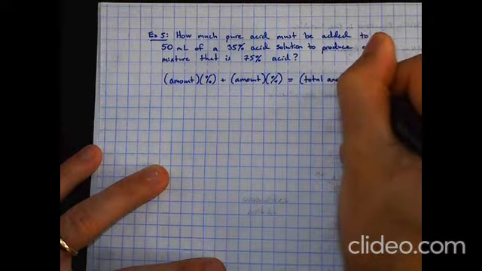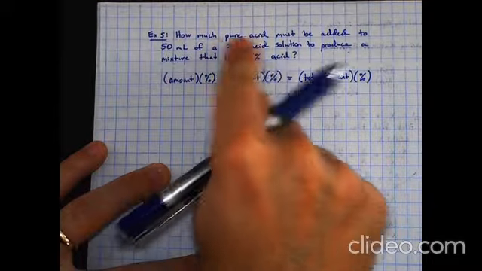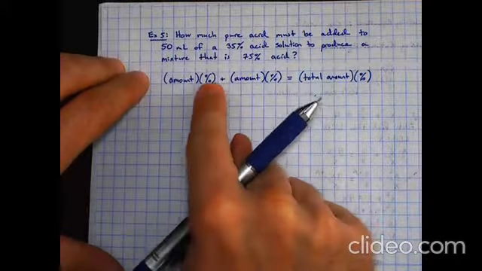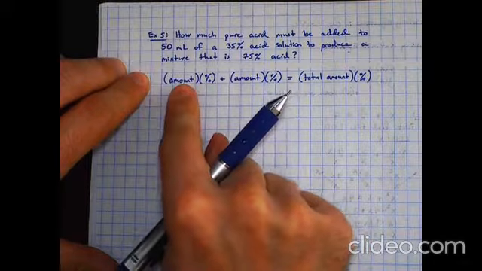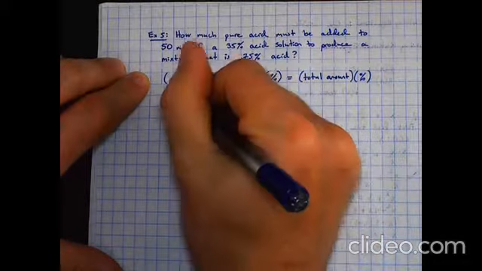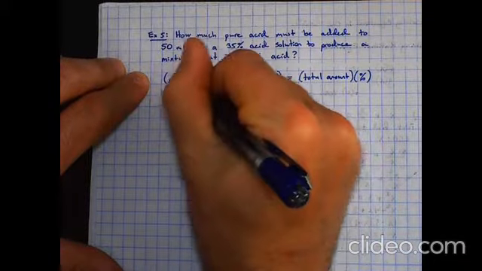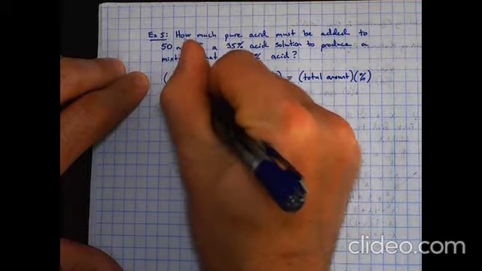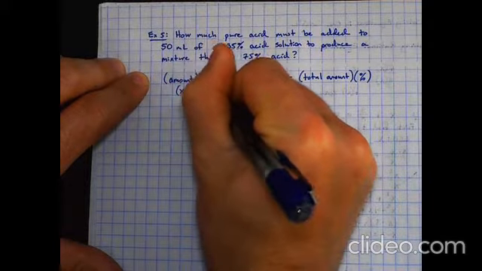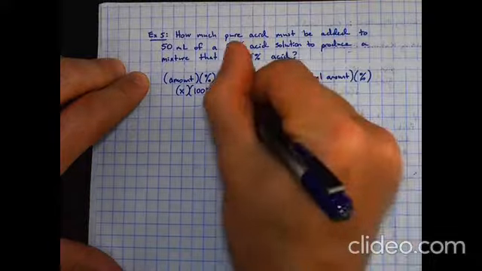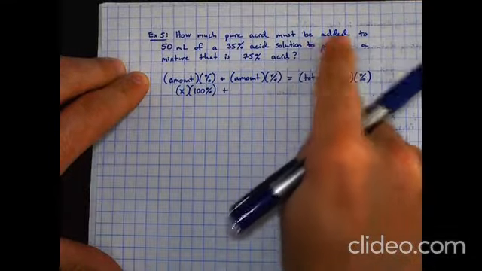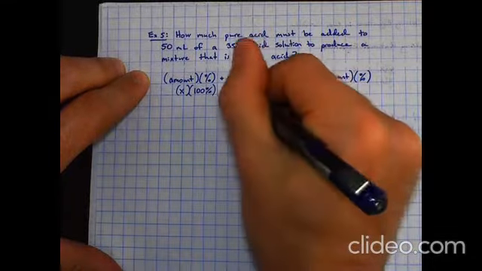So we can start plugging this in. How much pure acid? Pure acid is going to be 100%, and we don't know the amount. So how much pure acid is going to be x and 100%, which essentially is just 1. Plus, we're adding it to 50 milliliters, so we got 50.